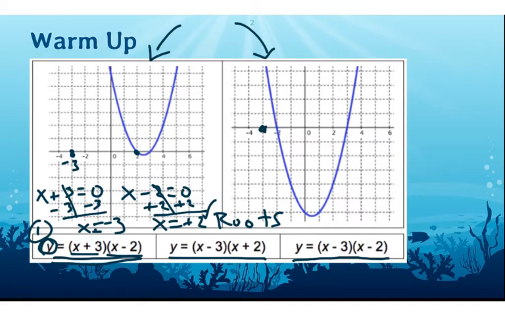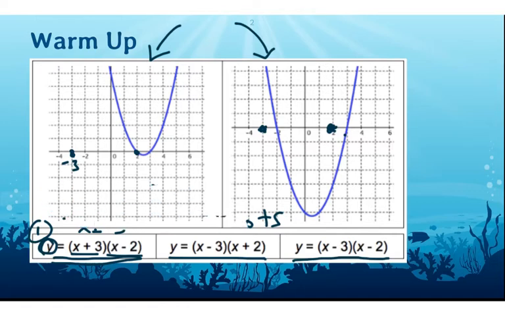Let me just erase those dots. Okay, and then the other one would be x equals 2. Okay, so again, this one doesn't hit either of those roots on the graph. Okay, so I'm going to erase my work, and I know that it is not this first one.